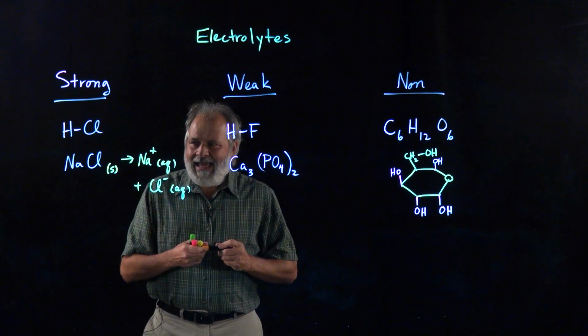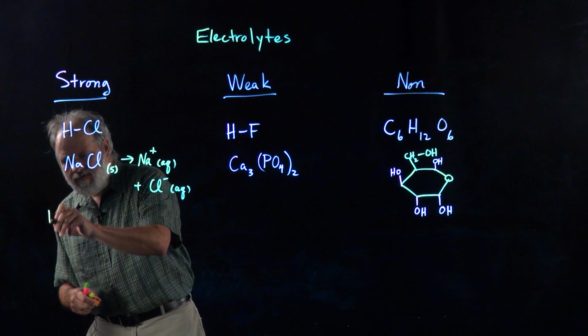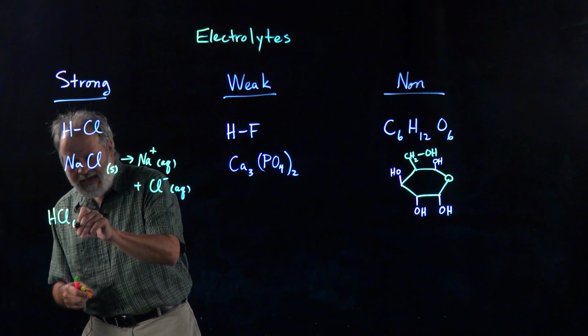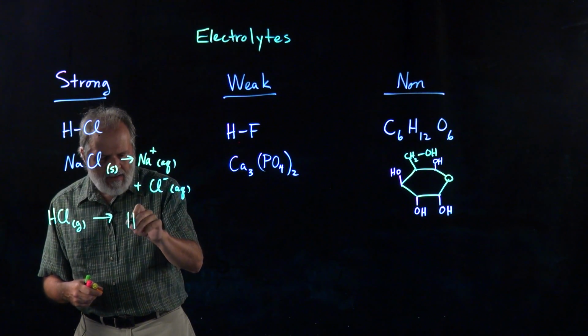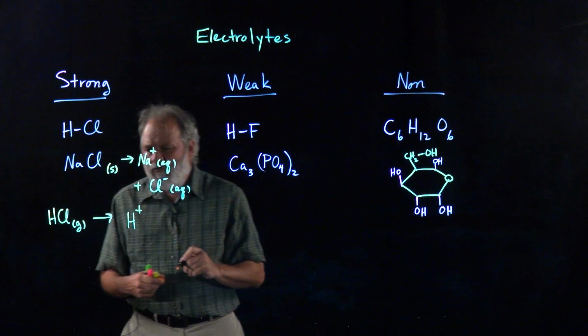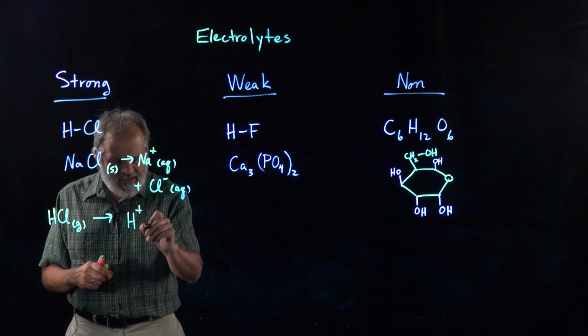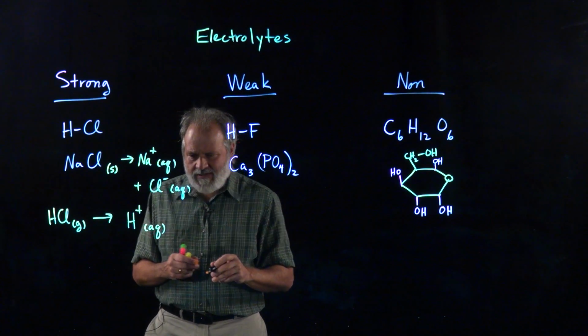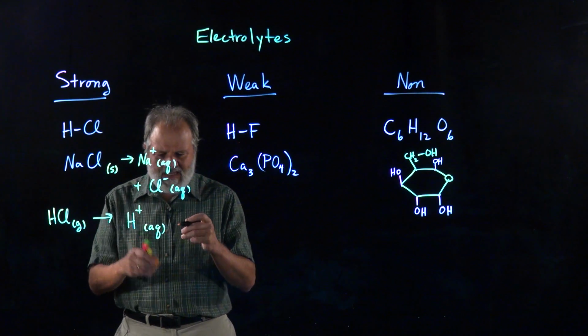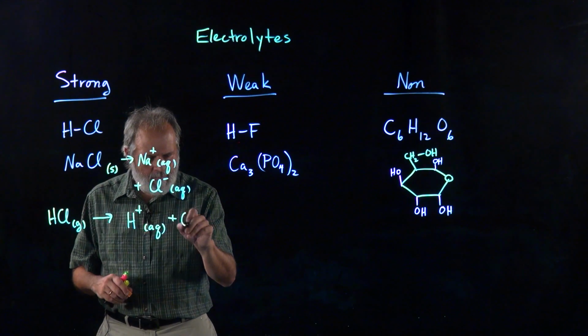Hydrogen chloride gas, okay, so if you take HCl as a gas and dissolve it in water, then you get something called hydronium, or H plus aqueous, okay? And this is one of the definitions of an acid, something that dissolves in water and produces H plus in aqueous solution.